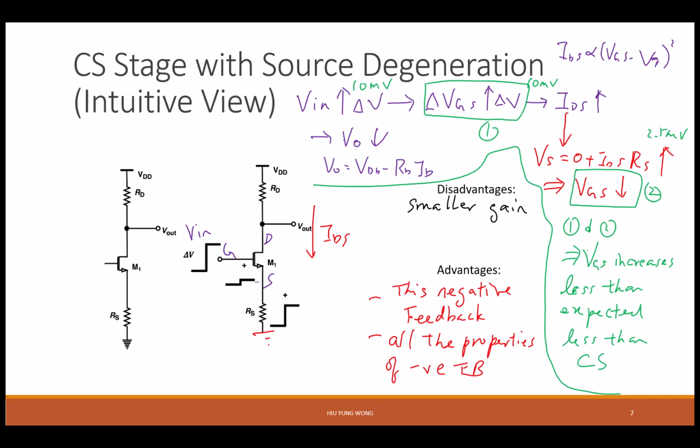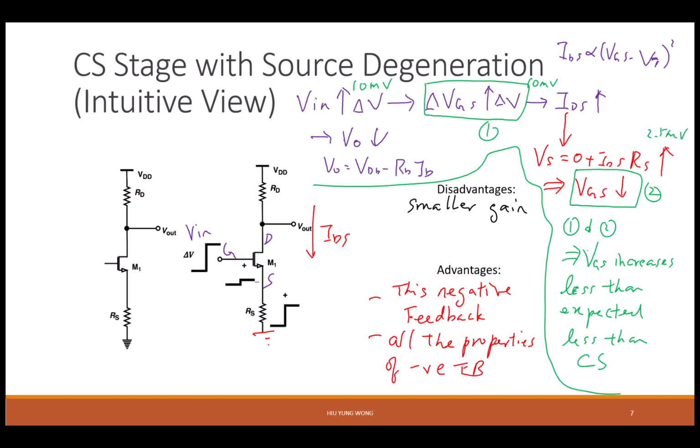But however, we forgot about this. When IDS increases, at the same time, what happened to VS? This is IDS, and this is grounded. What happened to VS?